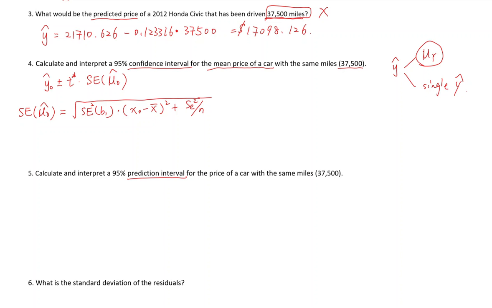Right, I know this is a long formula, but it doesn't matter, it's just a calculation. We just plug in the detailed values for each of them, it will be okay.